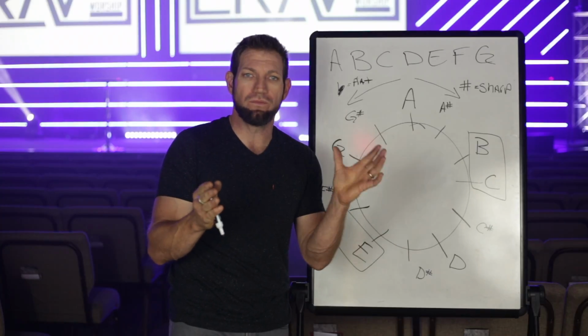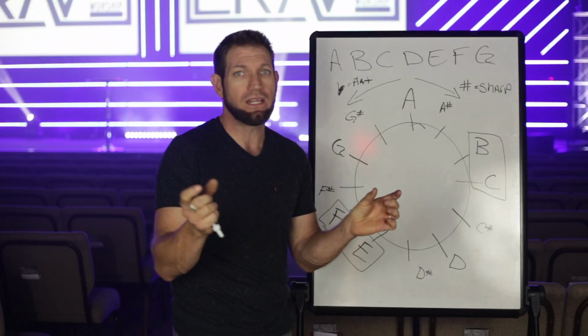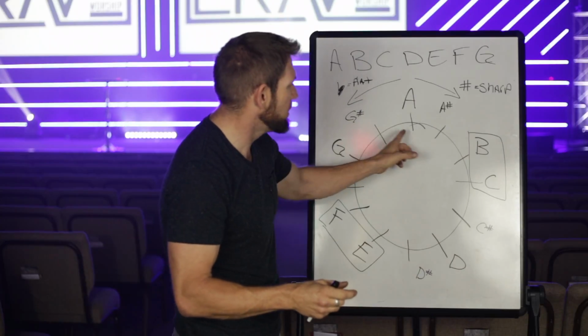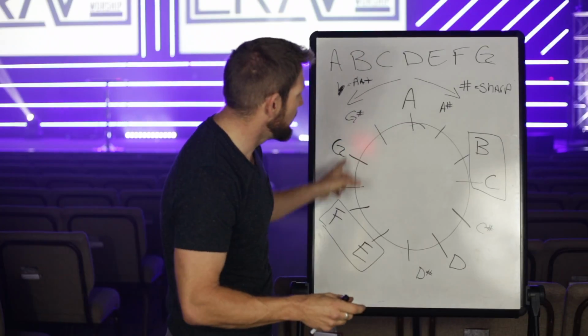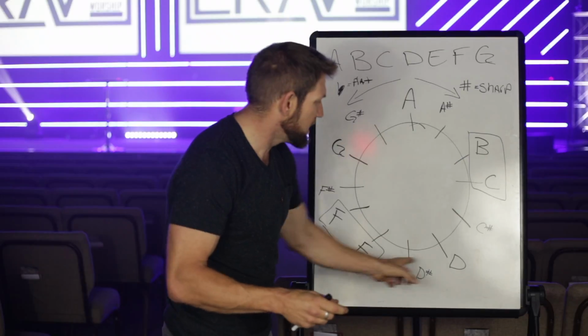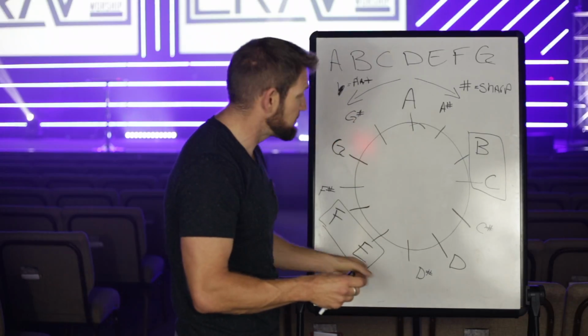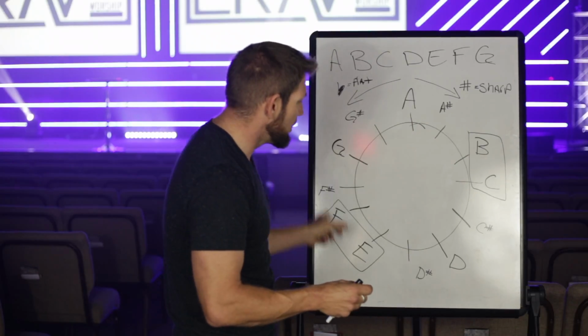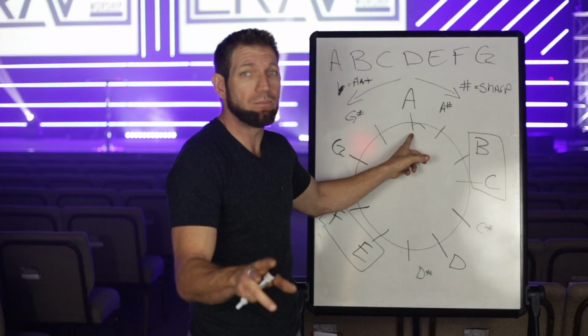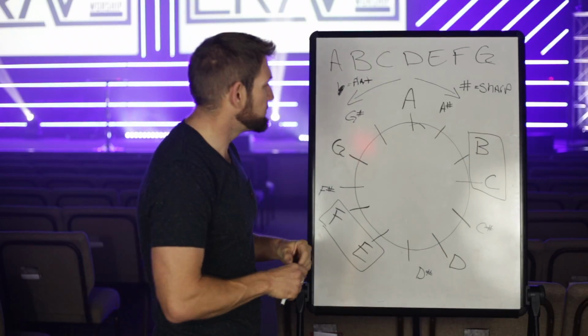We start on the beginning note and we end on the beginning note. So if we start at A, we go around, we end with A. If we're going this way, we're going to end up on a higher A, and once again a higher A. Or if we go around to the left, we're going to end on a lower A and going all around to a lower A. You'll find out how that applies in one of the next sessions.